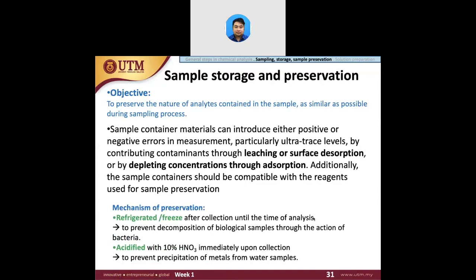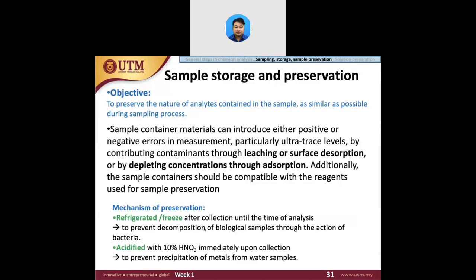The sample container we use can introduce either positive or negative errors in our measurement later on, so we want to ensure that the sample is stored in a container that introduces the least errors. In terms of preservation, usually we just refrigerate or freeze the sample, which is more towards liquids, to prevent decomposition.